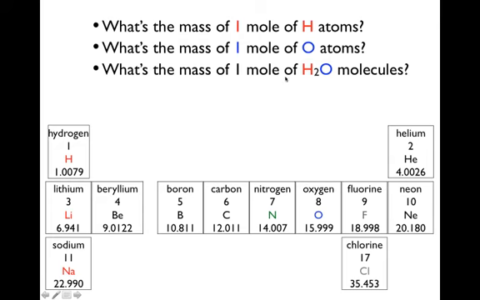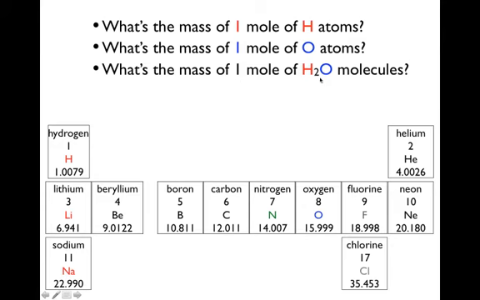And if you have 1 mole of H2O molecules, you also have 1 mole of oxygen atoms. So now, figuring out how much 1 mole of water weighs is just tantamount to adding up the weights of all of the pieces. 1 mole of H2 weighs 2 grams. 1 mole of oxygen weighs about 16 grams.